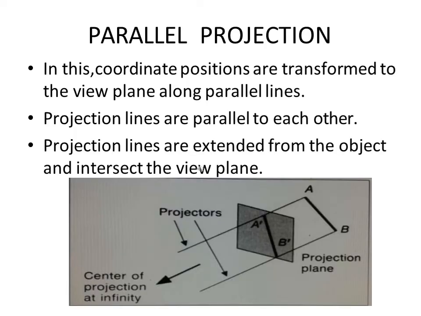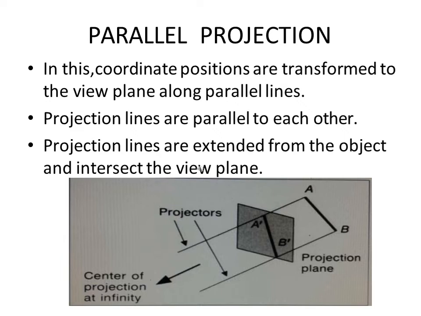Next is parallel projection. In a parallel projection, the distance of the projection plane from the center of projection is infinite. We can specify the direction of a projection instead of the center of the projection. We can connect the projected vertices through line segments.